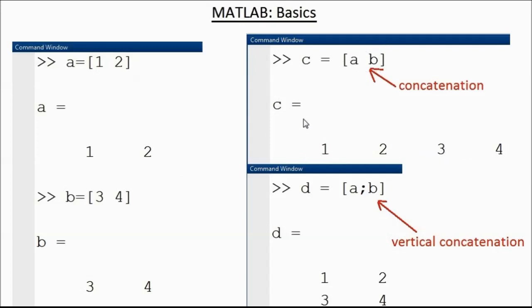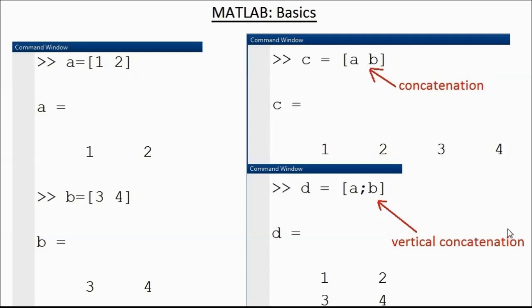Whenever this concatenation is feasible, that is, A and B must be of concatenatable dimensions. They must be compatible. Here they're compatible because the row dimensions match. Rows are only 1. They match. So this concatenation is now possible. C is the concatenation of A and B, and we have output 1, 2, 3, 4 assigned to the variable C. This is horizontal concatenation.